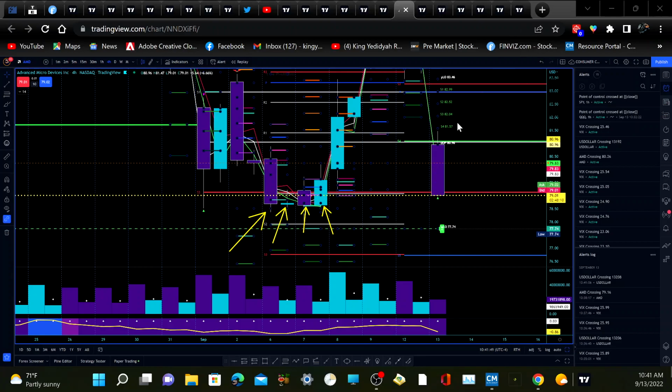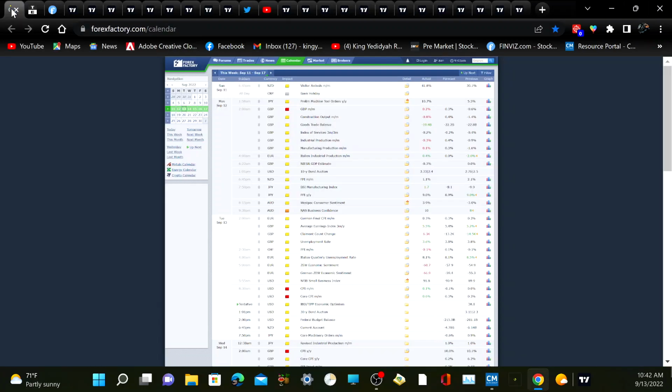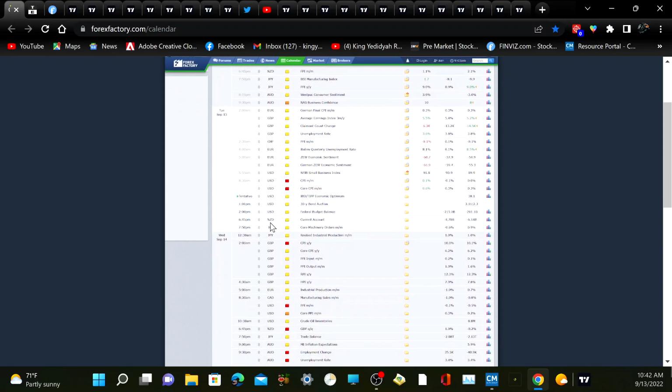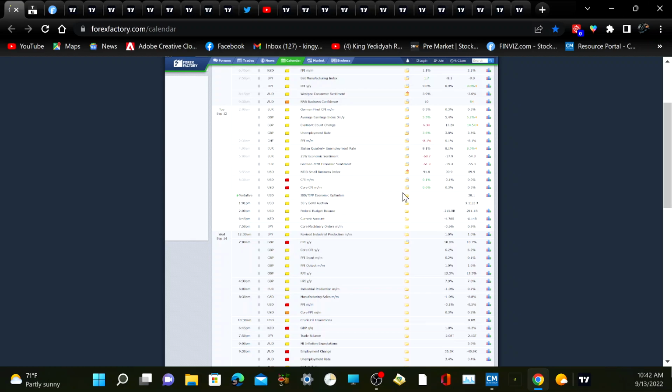CPI is coming in hot, I guess, and I didn't even actually check the CPI numbers. Let me check that real quick. So we came in at 0.6% over the forecast of 0.3%.